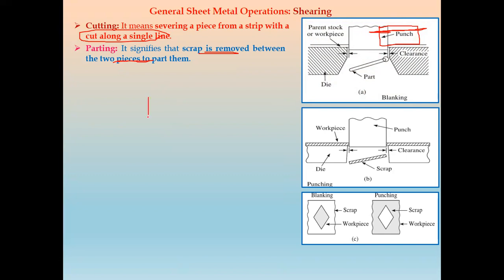So for example, if we have this sheet metal and we have to do a parting operation, we cut this sheet metal into two parts or two pieces. That operation is called a sheet metal parting operation.